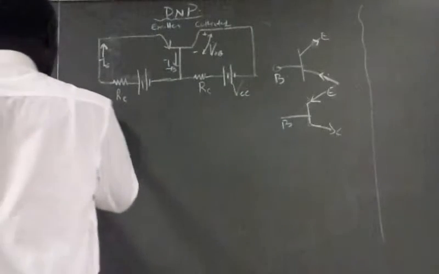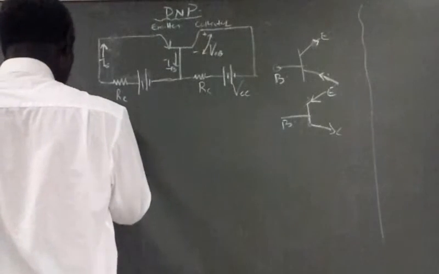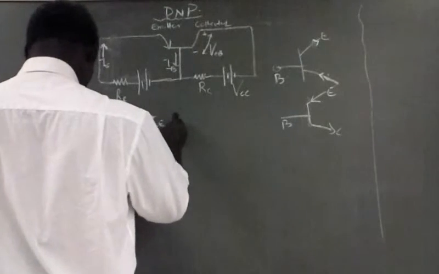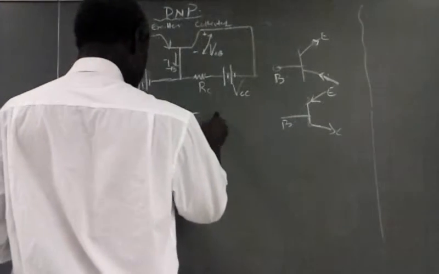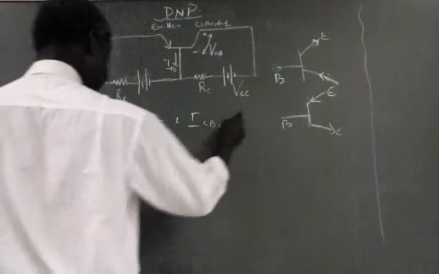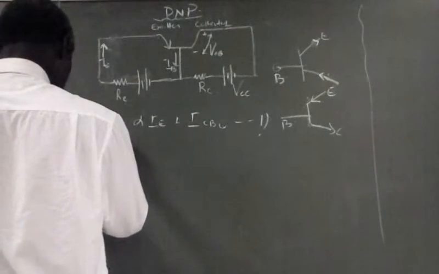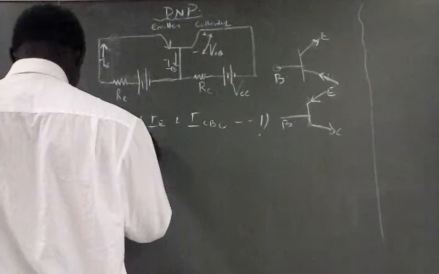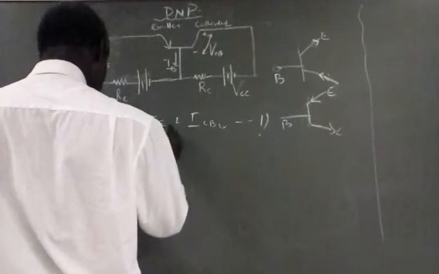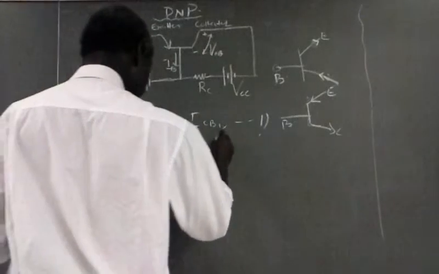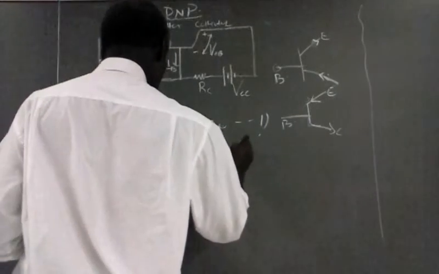All right, the equation still holds that IC is equal now to alpha IE plus ICO. Equation 1, and IB is equal to 1 minus alpha IE minus ICO.